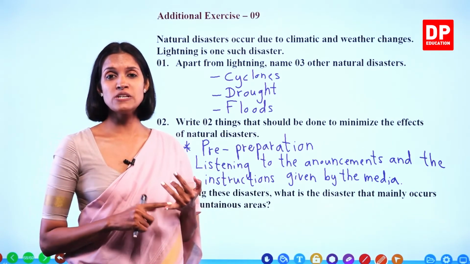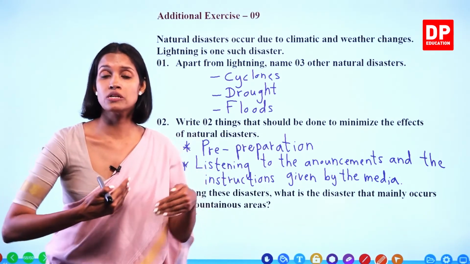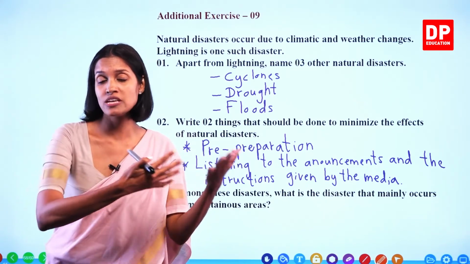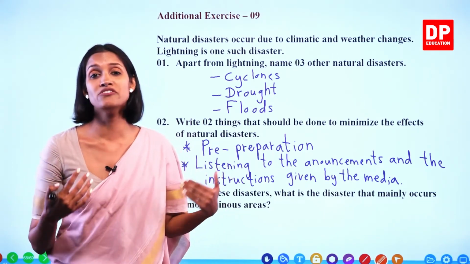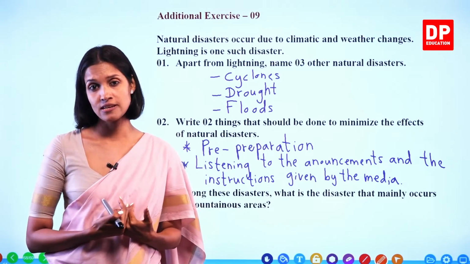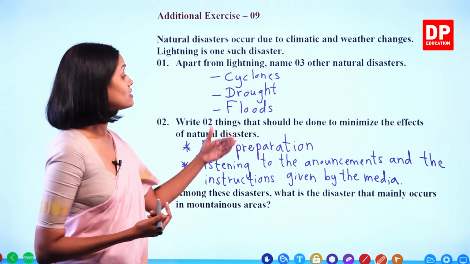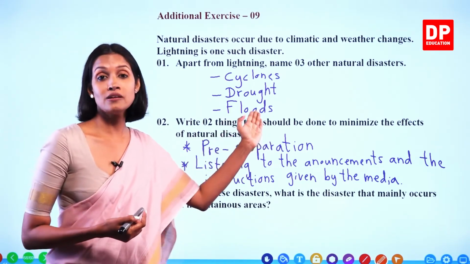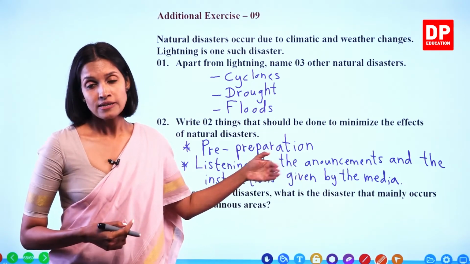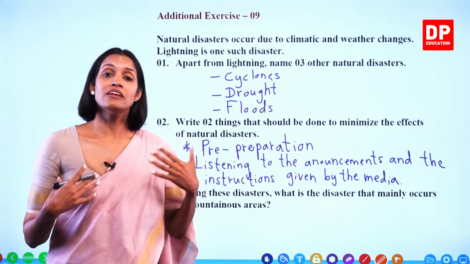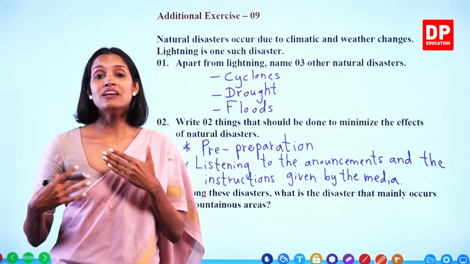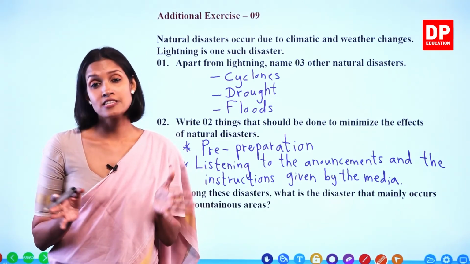As I told you, all certain human activities towards the environment, which harms the environment, we have to minimize those activities. Right, children? Collecting rainwater, so that is coming under pre-preparation, right? So let's say that if you are living in the hilly areas, before a landslide, there will be certain signs.